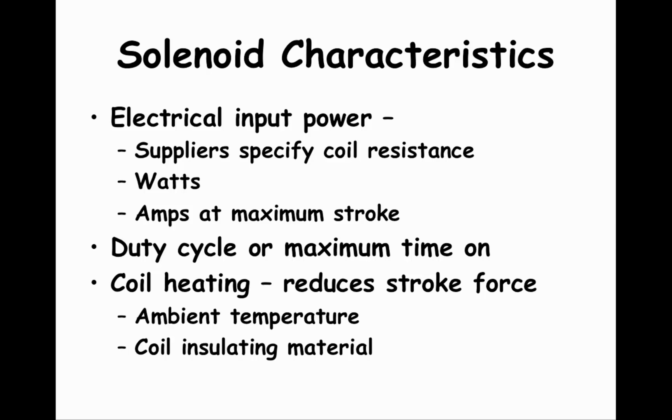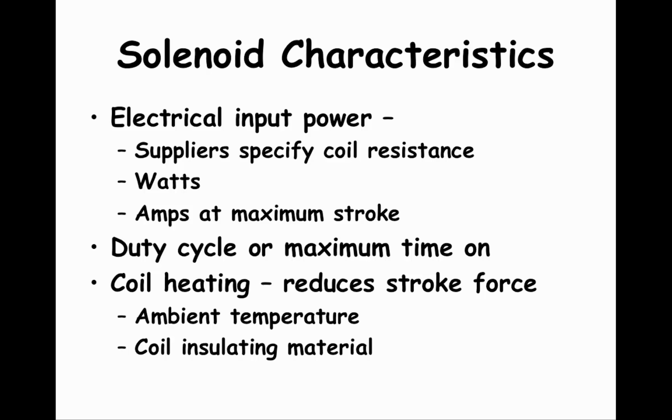Additional solenoid characteristics that need to be considered include the amount of electrical input power needed to drive the solenoid. Suppliers will specify the coil resistance, watts, and amperes required. As we discussed with relays, solenoids may have a duty cycle limit also, which limits the amount of time that the coil can be energized.